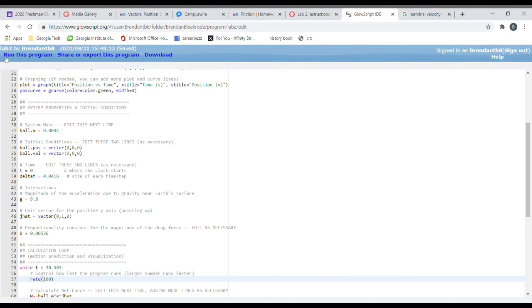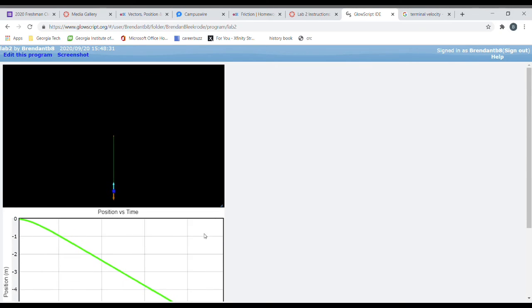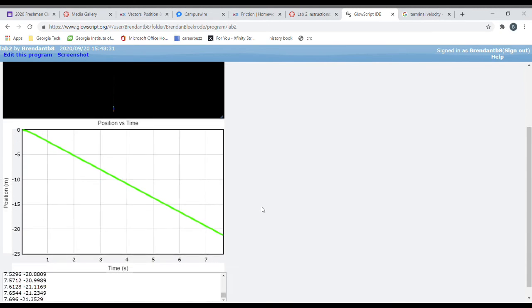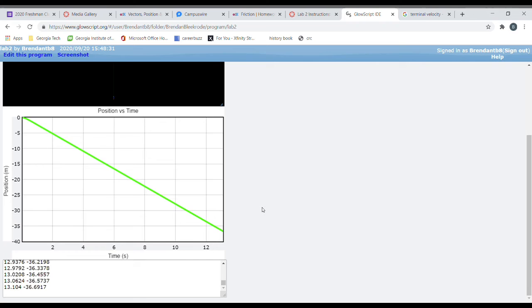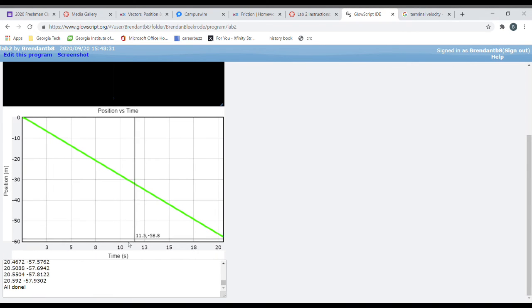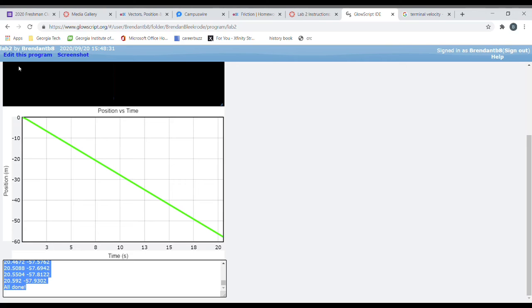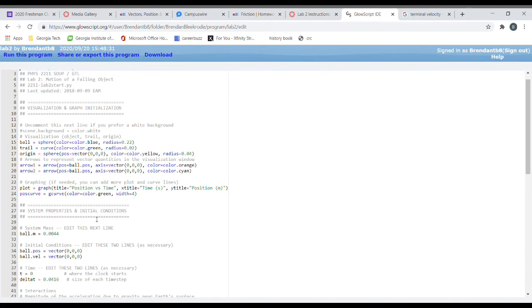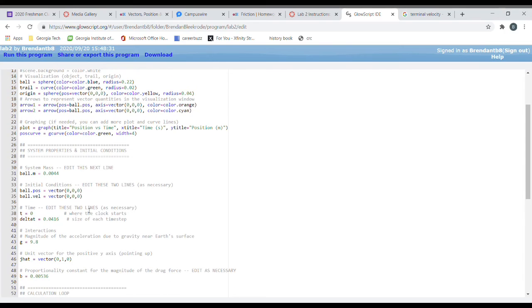So I changed my model to have an initial velocity in the y direction, and the terminal velocity didn't change as long as I made the time longer, because it takes time to get to that terminal velocity. So thank you.